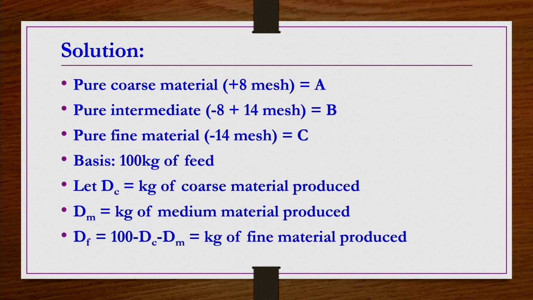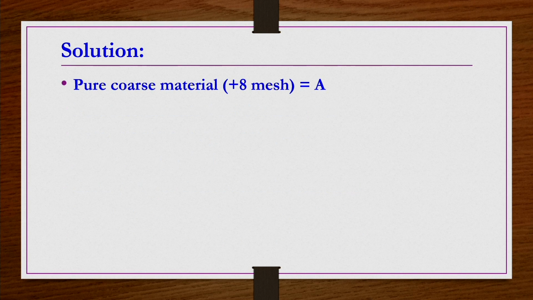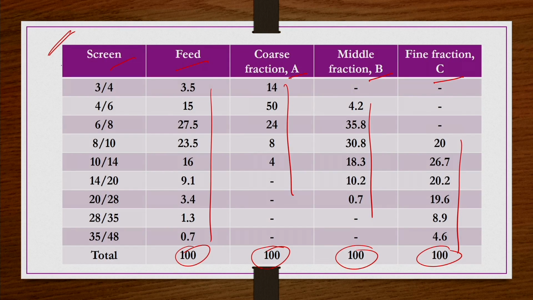Now, from the screen analysis, let us get back to the screen analysis table. The feed contains all three materials. Similarly, the coarse fraction also contains all three materials: it may have coarse, medium and fine material, because 100% separation does not take place with any type of screen. The same is true for the middle fraction and the fine fraction.